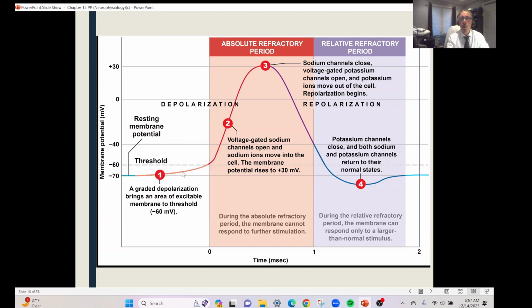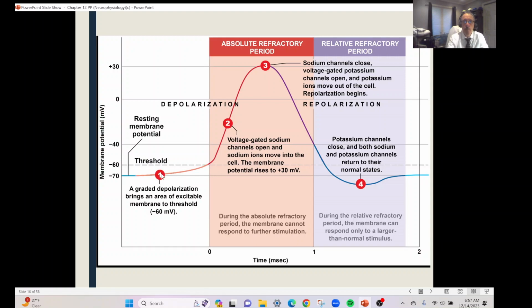If enough sodium comes in that we reach threshold, and again, the number that I want you to know is minus 55. Here they put minus 60, which is fine because it is a range, minus 60 to minus 55. But on an exam, I usually say minus 55.